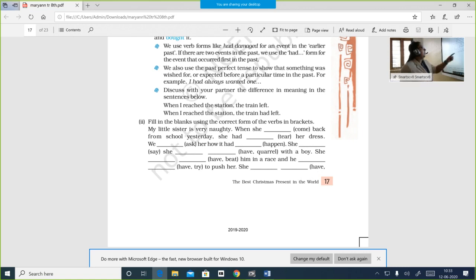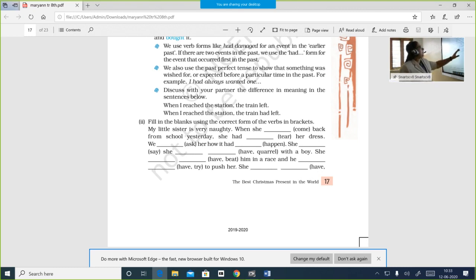Don't confuse it, because you have to use the past participle. Sometimes the past tense and the past participle are the same. So after had, to form past perfect, you will use the past participle, not the past tense.